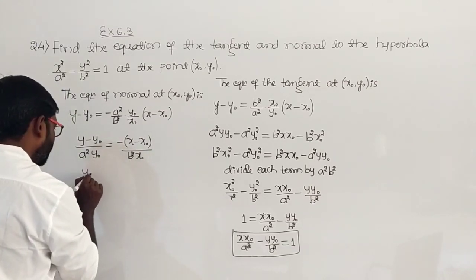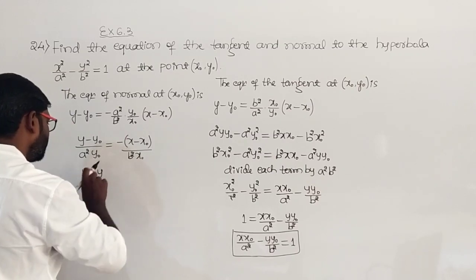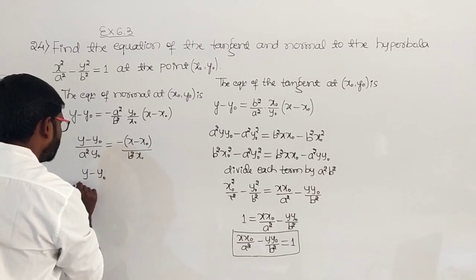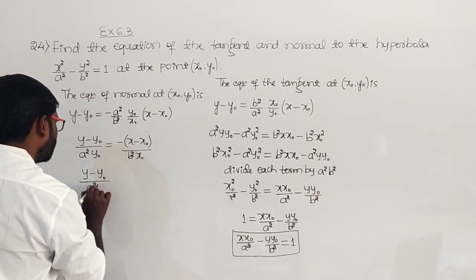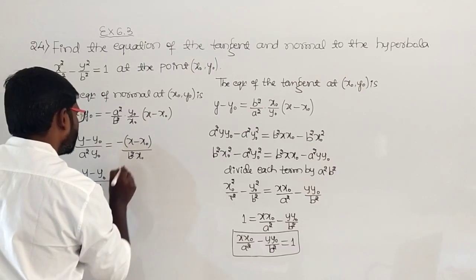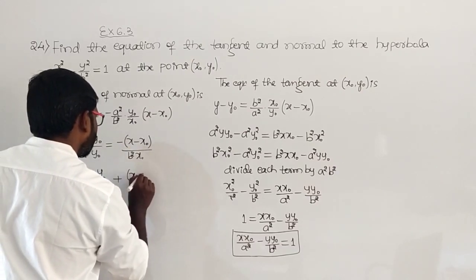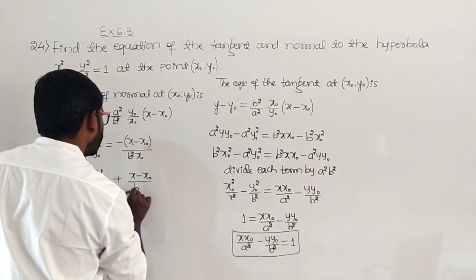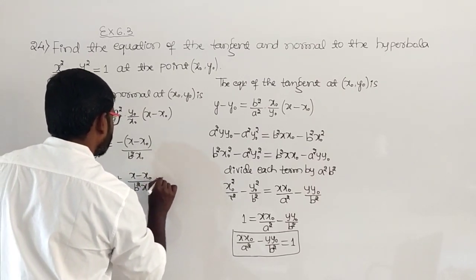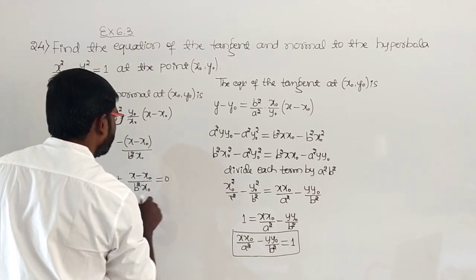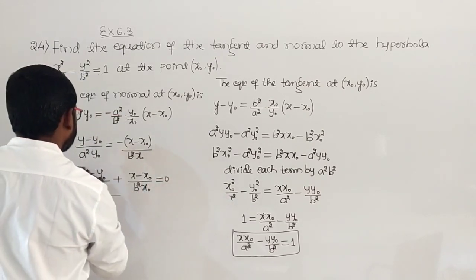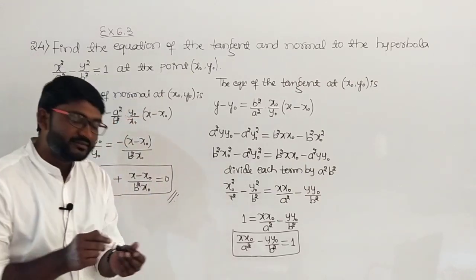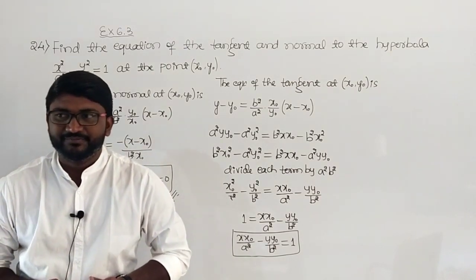So, y minus y naught divided by a square y naught plus, write this as it is now, x minus x naught divided by b square x naught, which is equal to 0. So this is the equation of the normal at the point x naught comma y naught. So write down this and then we'll move on to the 25th question.